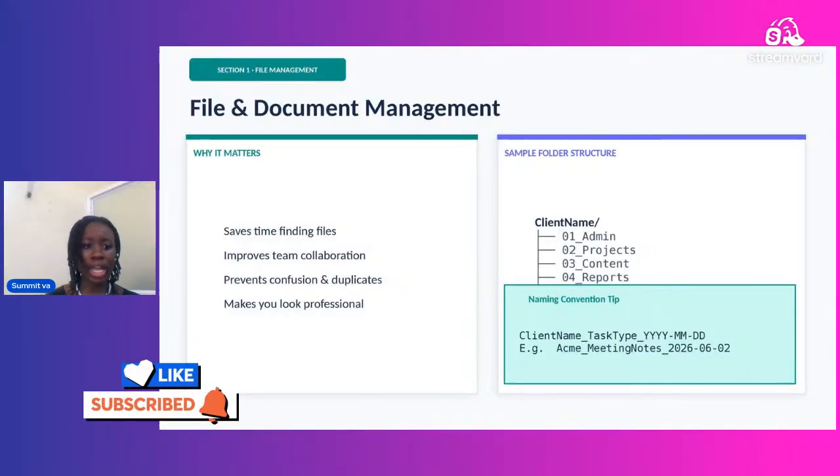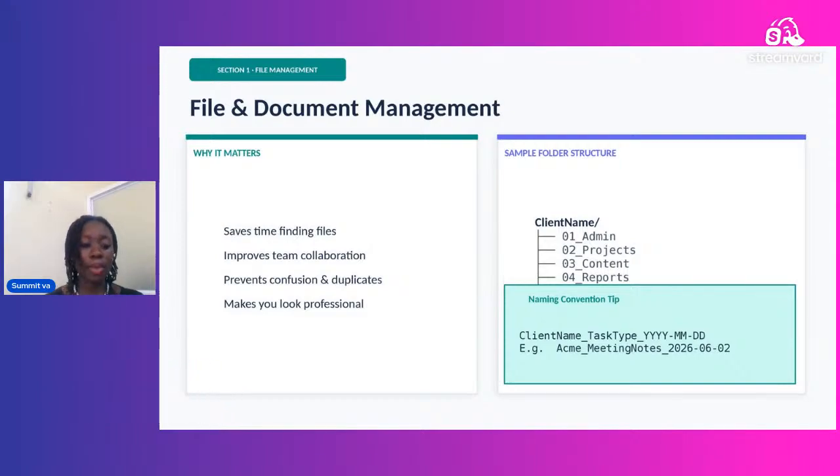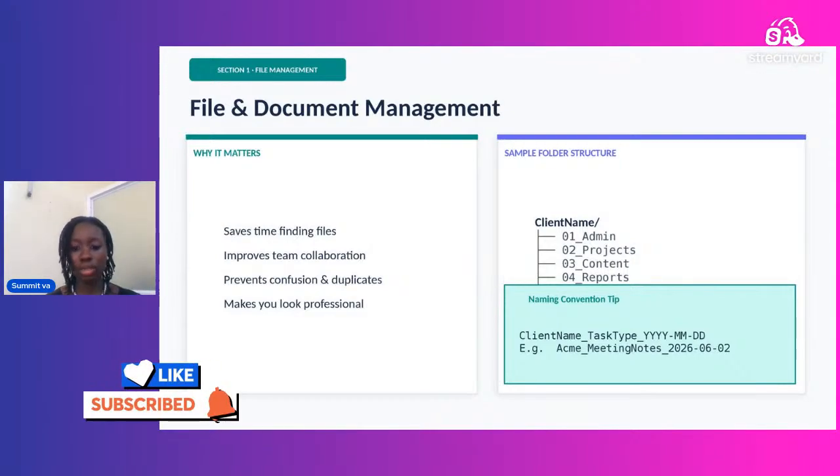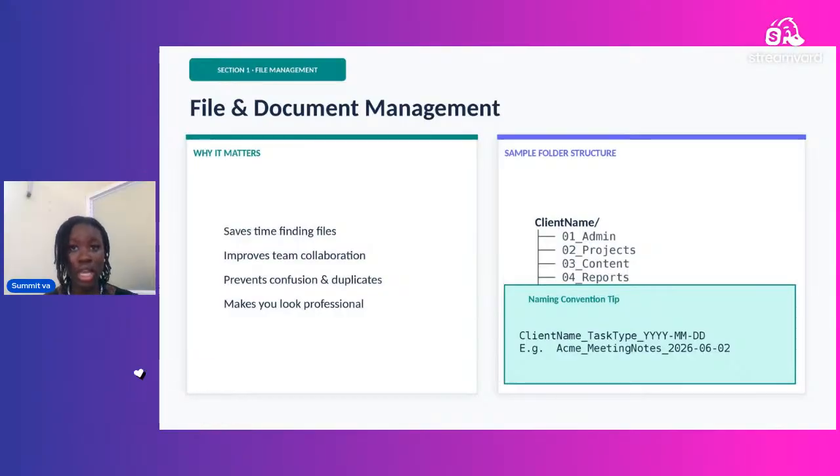And when I need to know more about my client's tax, I won't know which one it is. So that is why we need to know about file and document management. And why does it matter? It improves team collaboration, it prevents confusion and duplicates, and it makes you look professional.